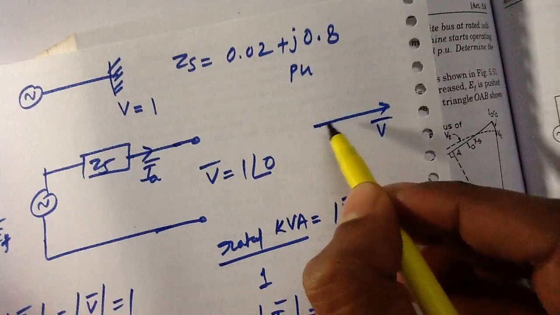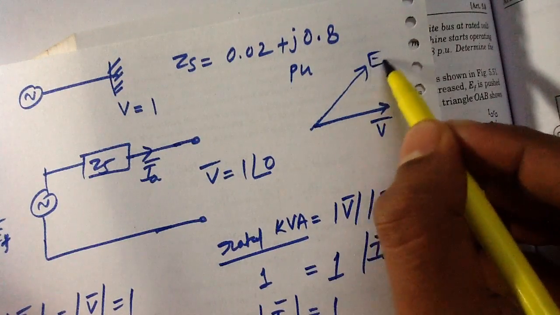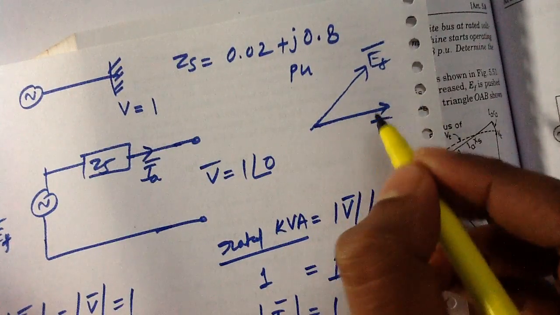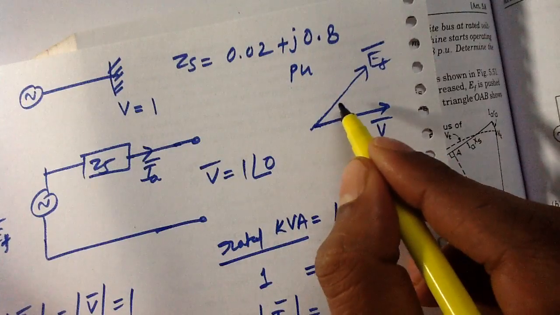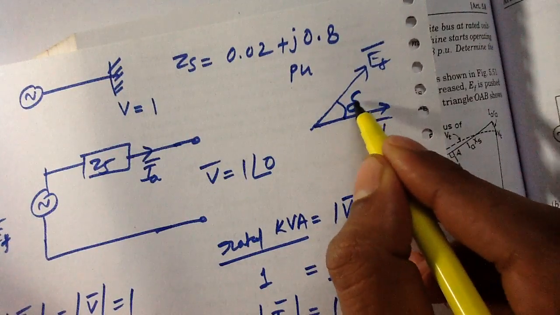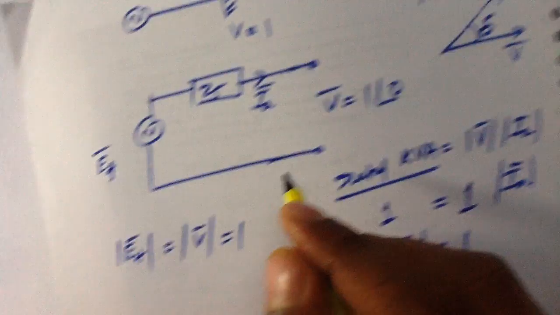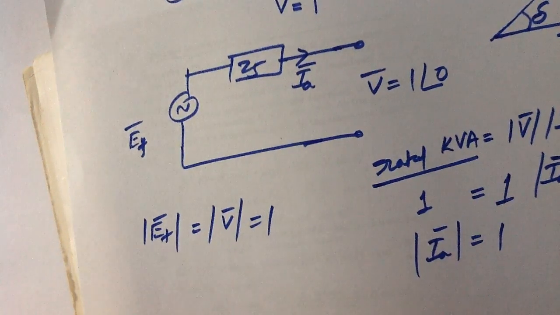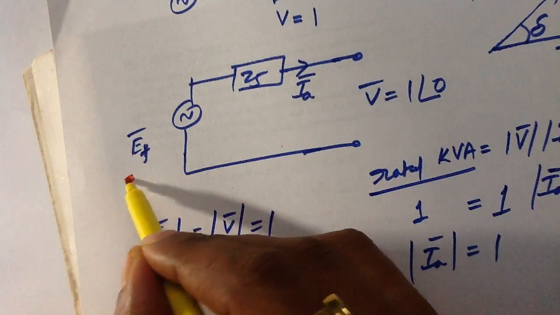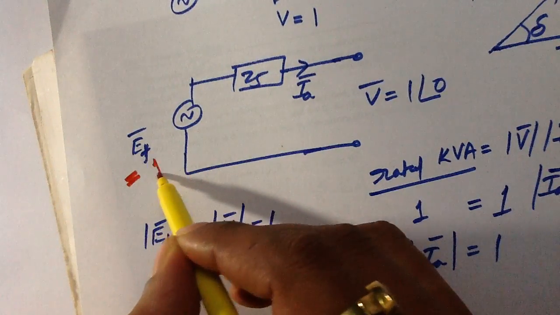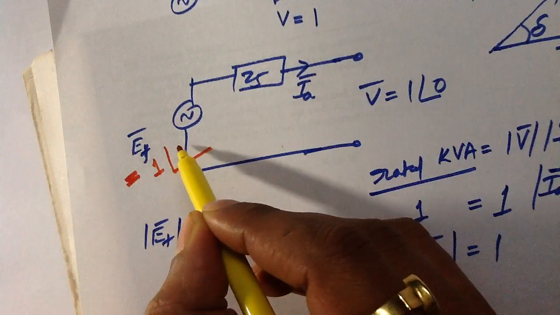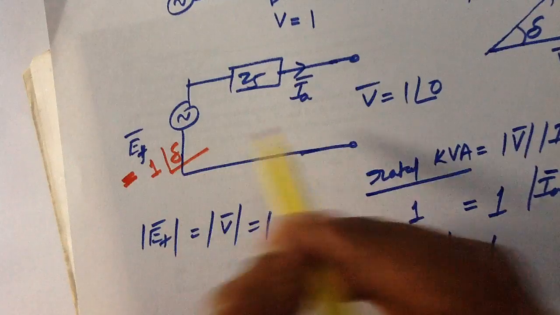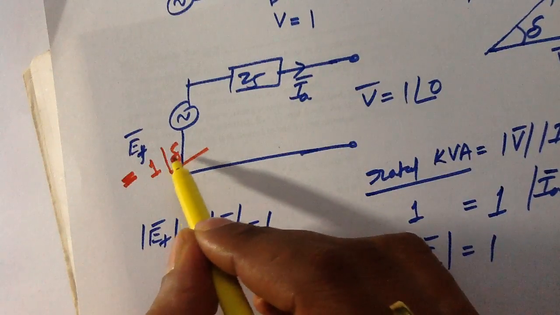This is the terminal voltage, and the internal EMF will always lead the terminal voltage, and the angle between the internal EMF and the terminal voltage is known as the load angle, defined by delta. So you can write the value of EF in this way. The value of EF will be equal to 1 angle plus delta, because the internal EMF always leads the terminal voltage. That's why I am writing plus delta.